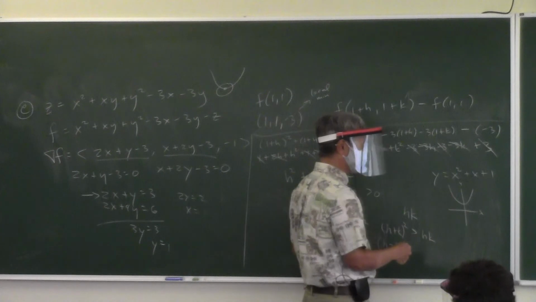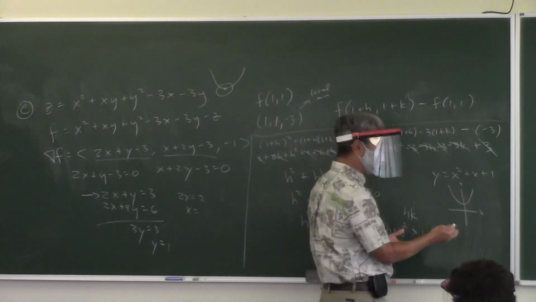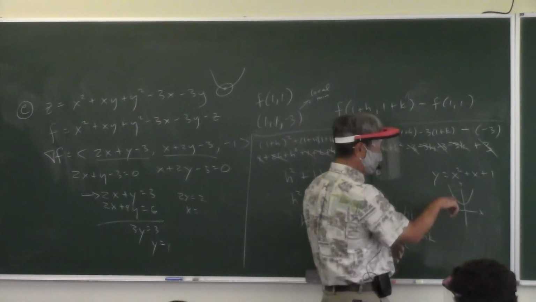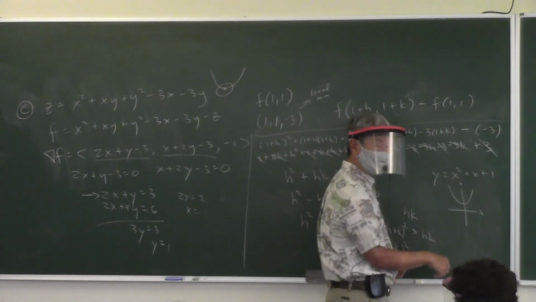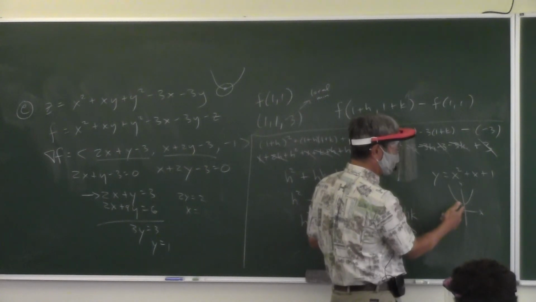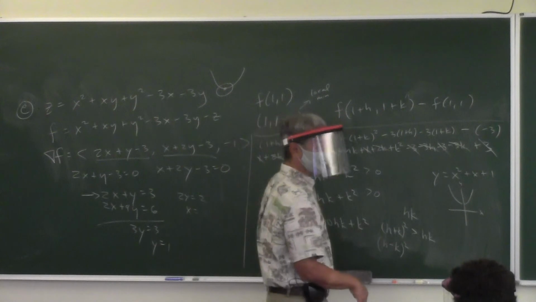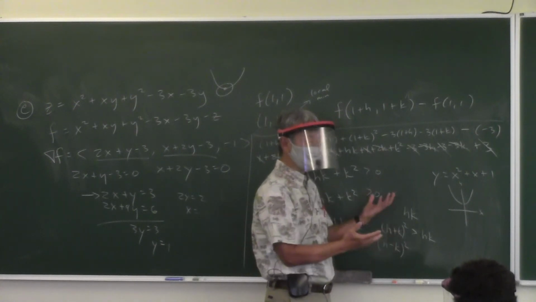Since the discriminant is always negative, the graph is not going to touch the x-axis. So it's either always above or always below, right? So you just test one point, like 0, 1, it's above. It's positive, so it's always going to be positive.